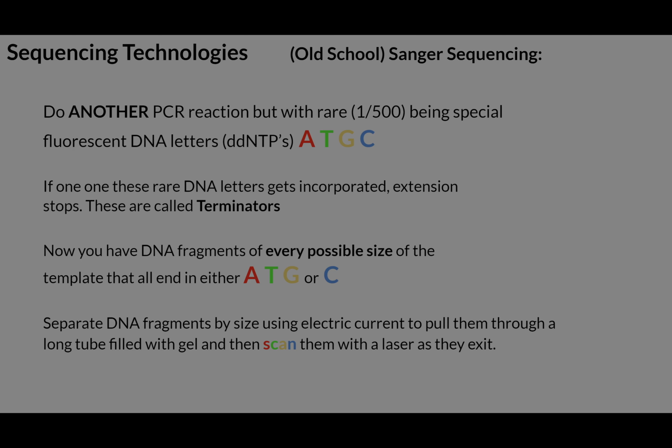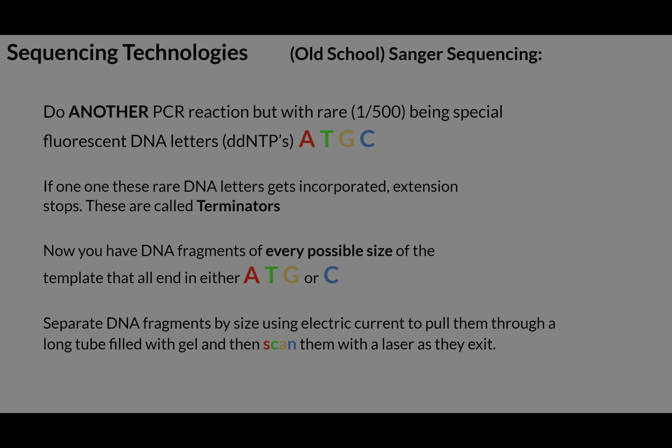Once we have our billions of copies of DNA, there's a couple of different ways we can sequence that and actually get the DNA barcode. So the old school method is called Sanger sequencing or capillary sequencing. In order to do this, you take your billions of copies of DNA and then you do another round of PCR.